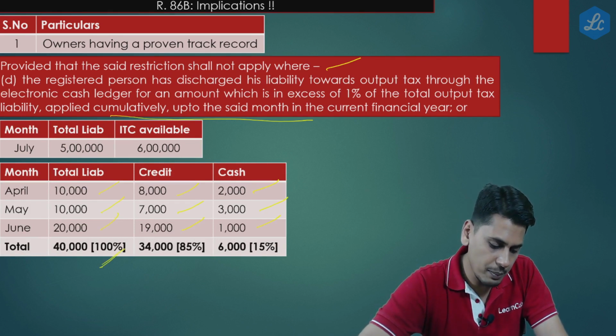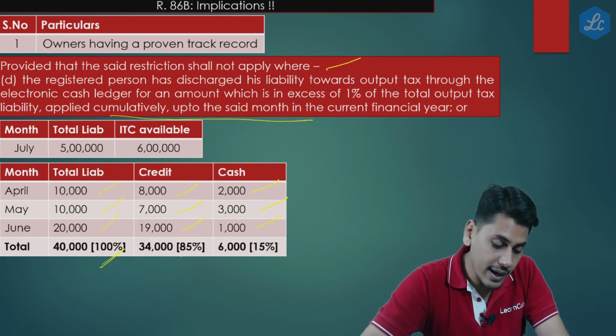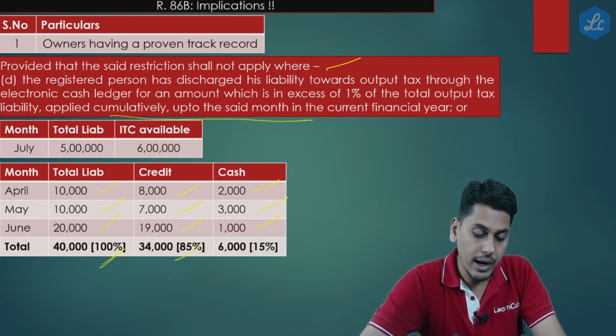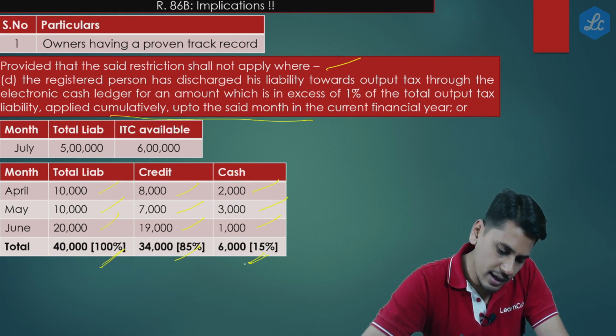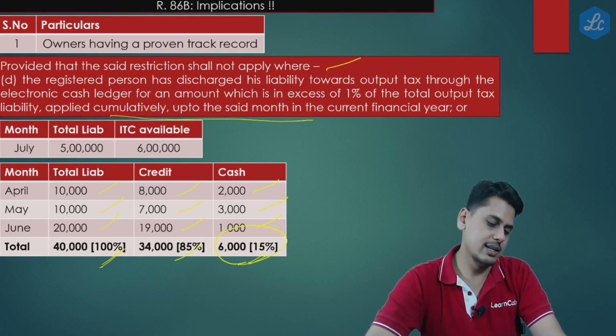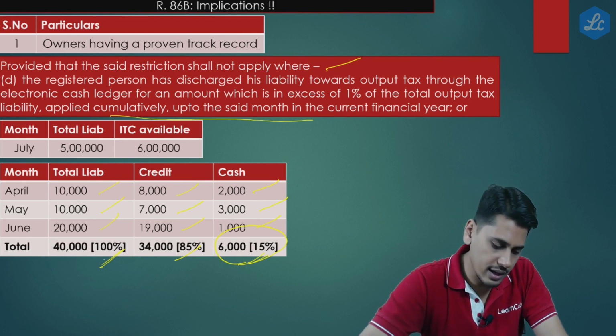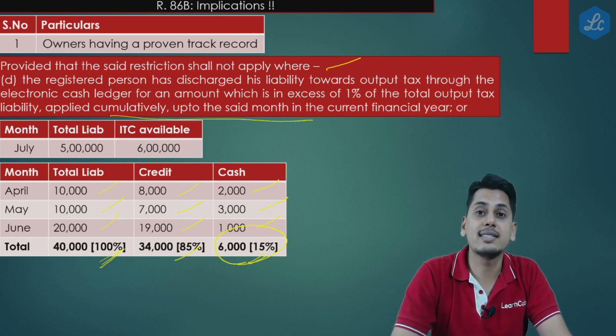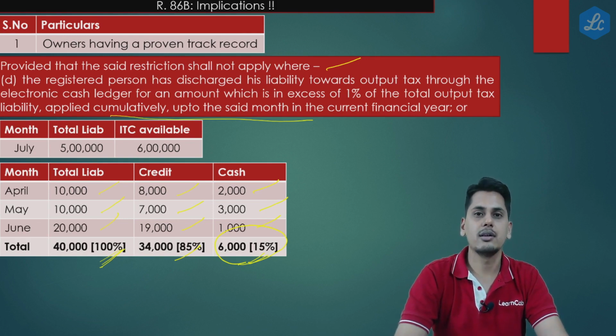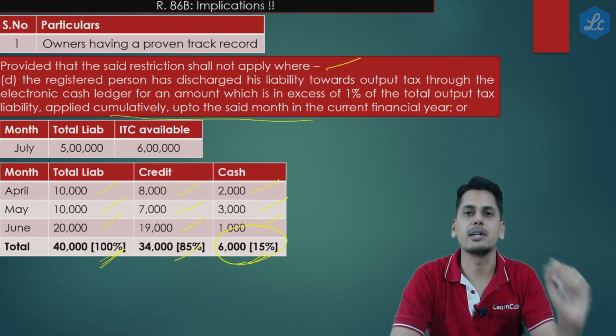So total liability is 40,000, paid through credit is 34,000, paid from cash is 6,000. Now friends, I have already paid 15% of the total liability from cash ledger, which means I have already satisfied rule 86B. This is a wrong conclusion.